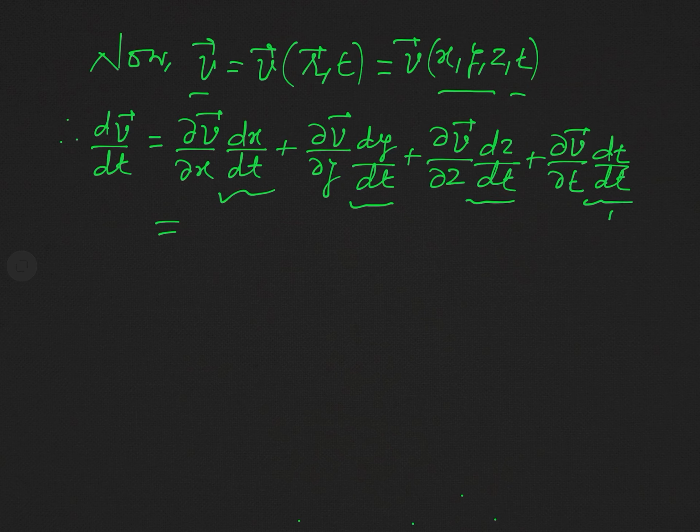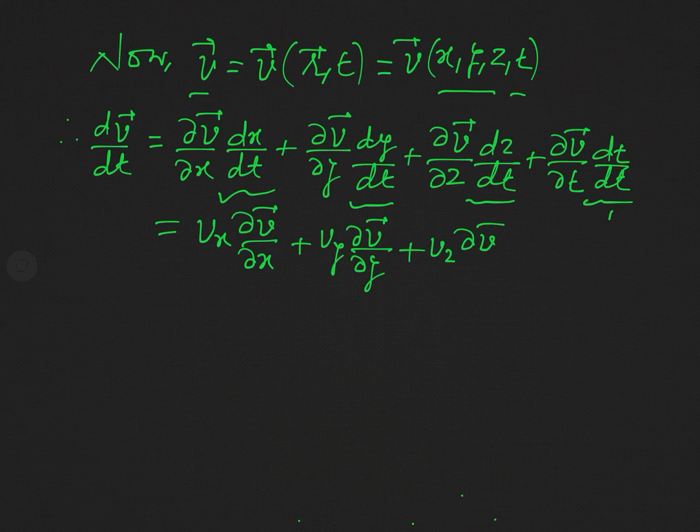So we can write this equation as this is vx del v by del x, this is vy del v by del y, this is vz del v by del z, and since dt is 1, so the last term is simply del v by del t.